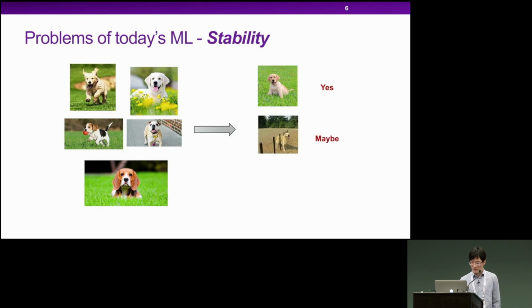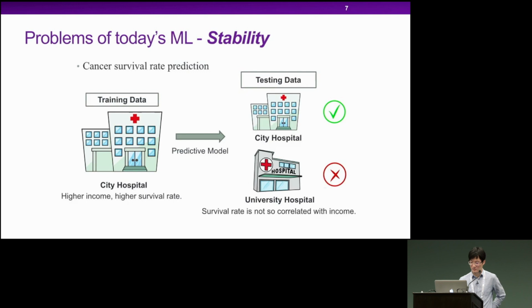If you give this kind of testing sample, maybe I cannot guarantee that the model can make a correct classification. But if you give this kind of testing sample, no. The algorithm cannot recognize this is a dog. Why? Because the distribution is too far from the training distribution. So this is a problem.